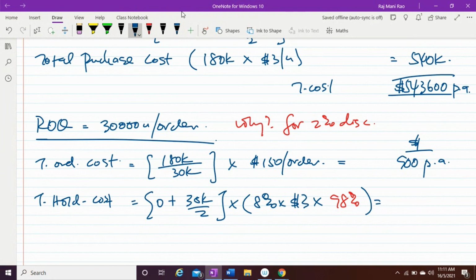Yes, because of 2%. It's no more $3 because you're getting 2% discount. So you have to reduce by the 2%. So how much is this? 3,528.